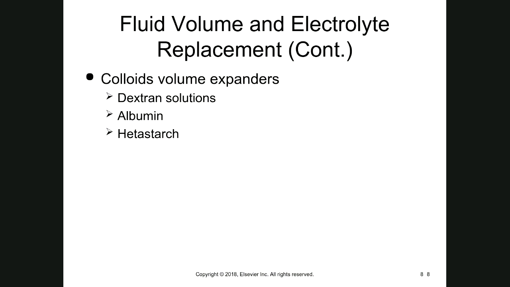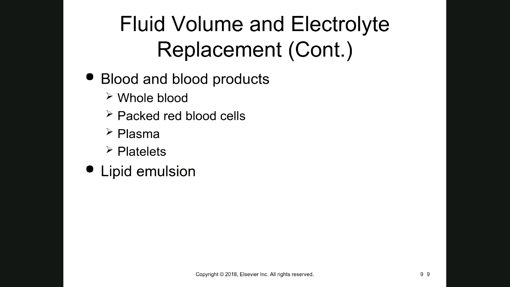Colloid solutions contain a protein or other molecular substances that increase the osmolarity without dissolving in the solution. Now remember, before we get into the blood products, the colloids increase the pressure, pulling fluids from the interstitial space into the plasma, increasing the blood volume.